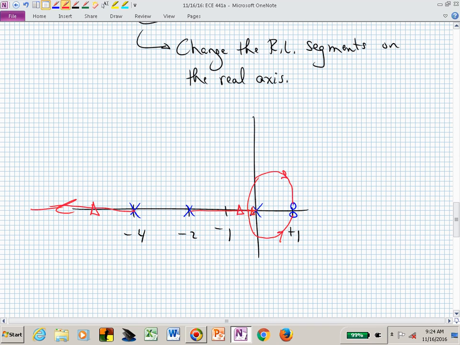You just would need to pick a location between 0 and minus 2, go for it, and calculate K, and you've got a stable system. You didn't have to find the breakaway. You didn't really have to do too much other than throw that 0 in the right half plane, place a pole somewhere to the left, and then compute K. Is that clear? That maybe would have taken you 3 minutes if you knew the strategy to do all of those computations.